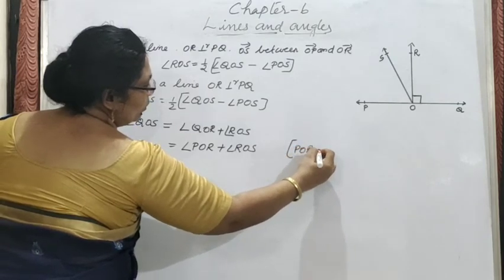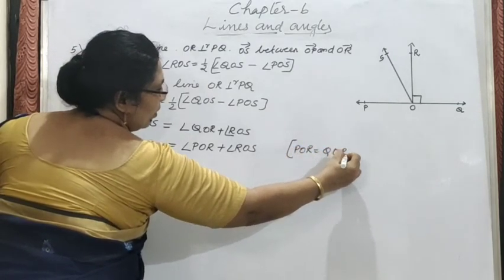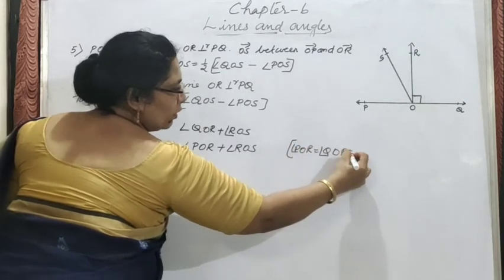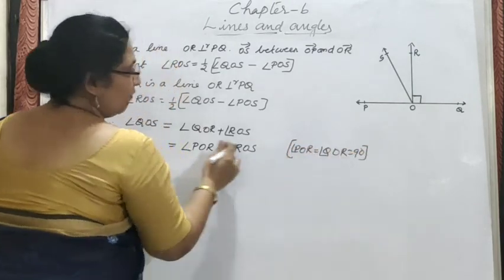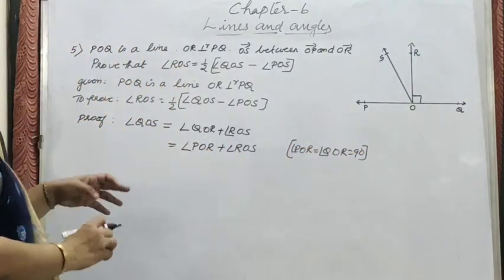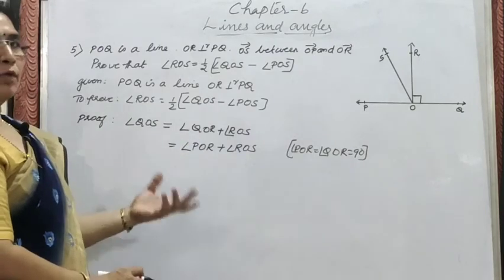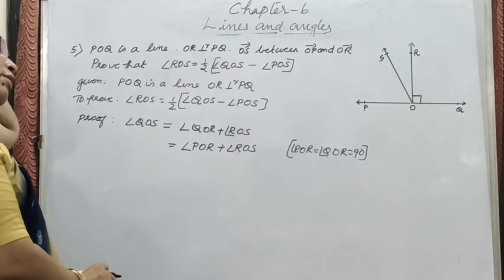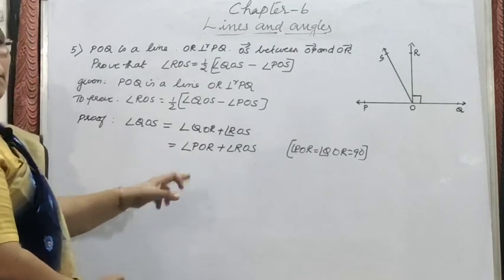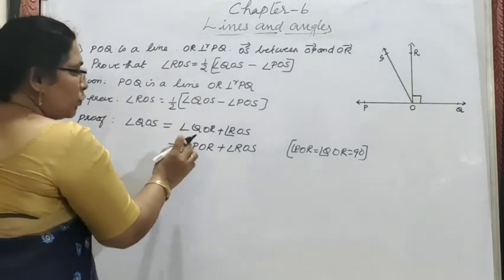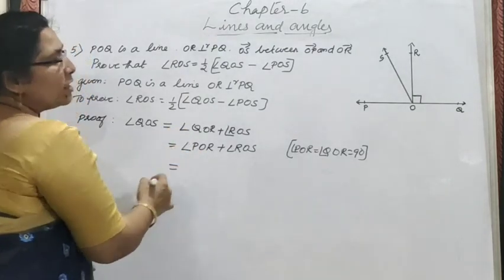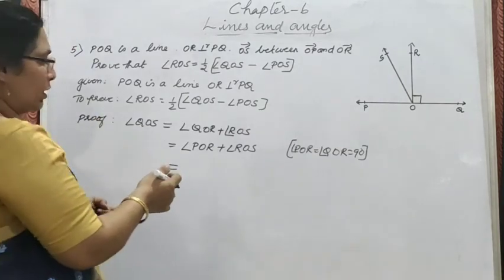POR equal to QOR, it is equal to 90. Just we replace, the values are same. QOR and POR both are linear pair, both are equal to 90 only. So I replaced the QOR by POR. Now if you check POR, how many angles are there? Again two angles. Which are they?